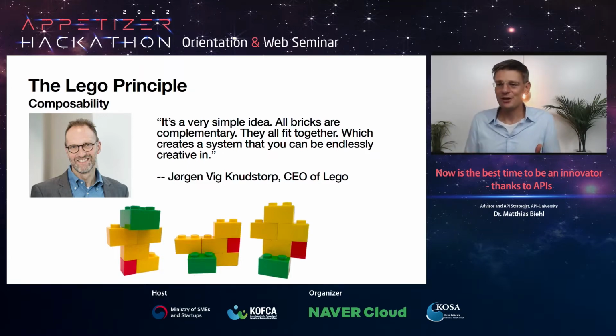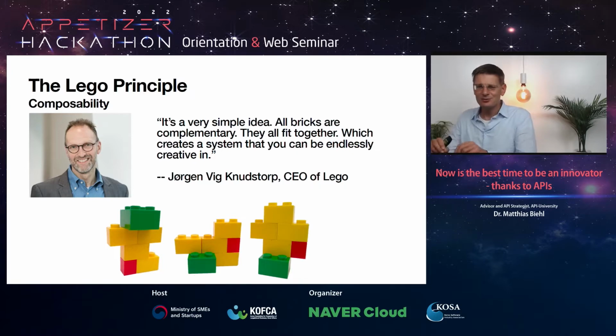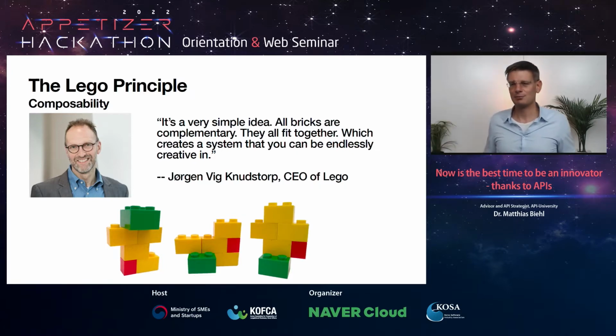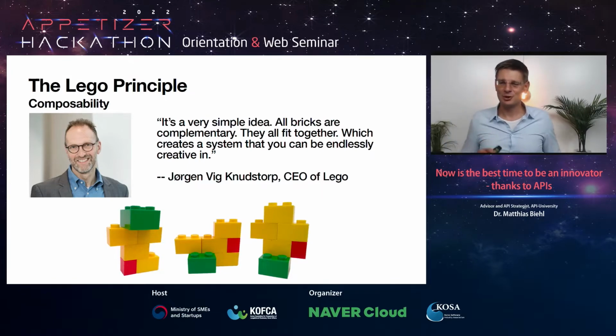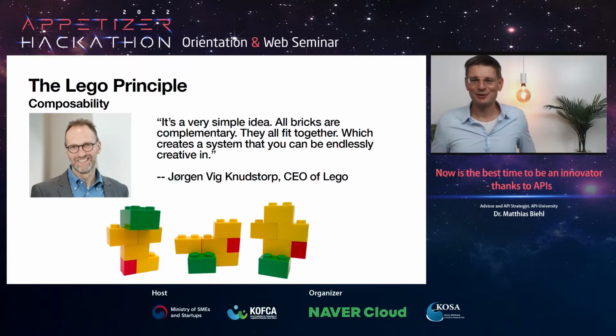You can be an innovator and you can see results very quickly with iterative design. You don't like that airplane, you just tweak it a little bit and make it even better. The same is possible when you build software and apps with APIs. It's this system where you can be endlessly creative. And for me, this is very, very fascinating and very friendly towards an innovator.